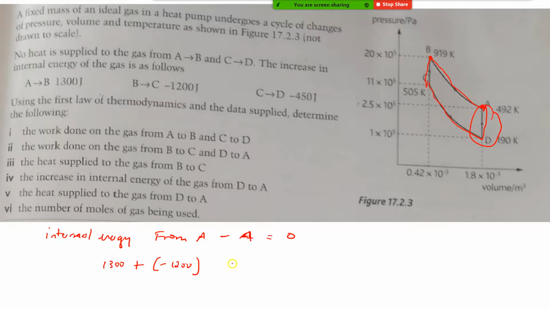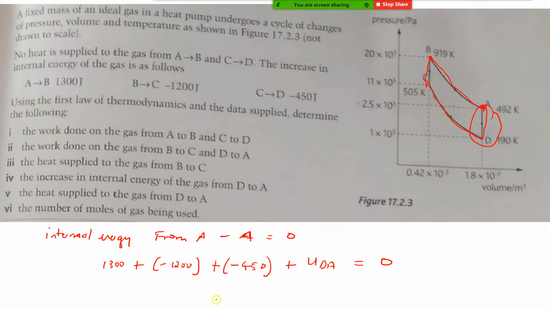Then from C to D, we're going to add minus 450 joules. Now I add the internal energy from D to A, and all of this must equal 0.